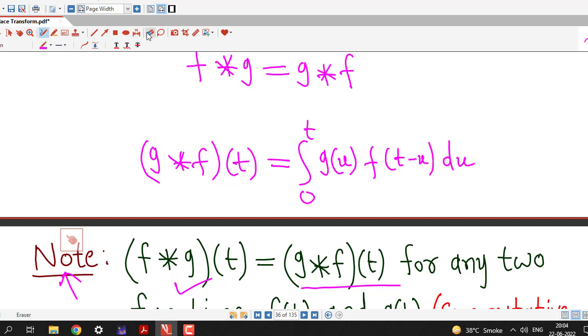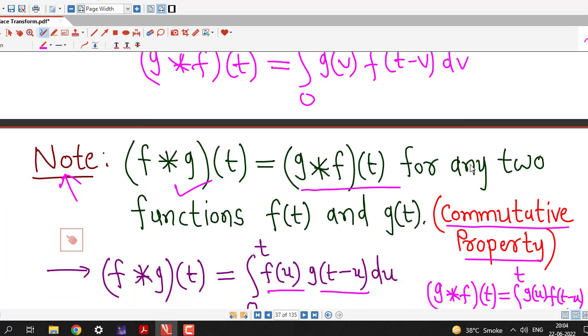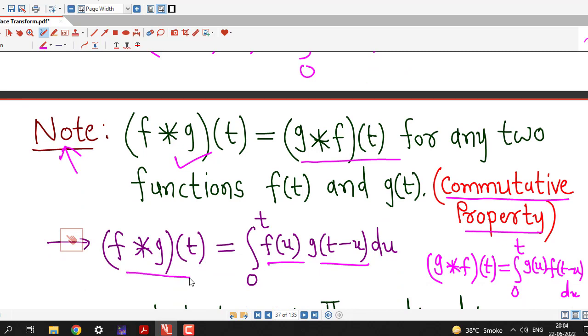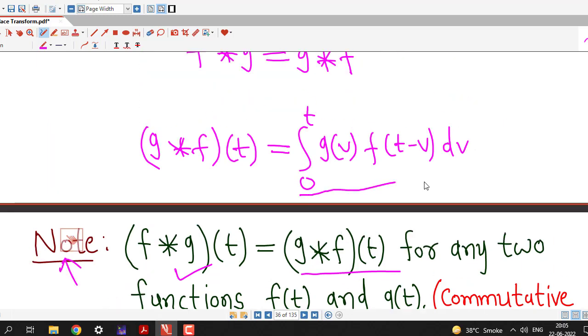Now instead of u I can use another variable also. So here I replace u by another variable, say v. So I want to prove that this f star g of t, that is this integral 0 to t f of u g of t minus u du, is equal to this integral.